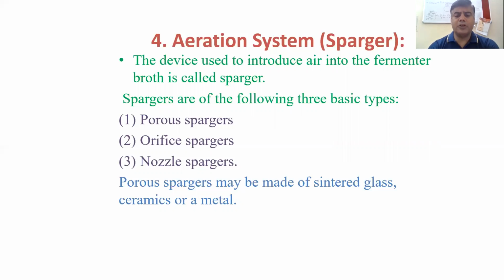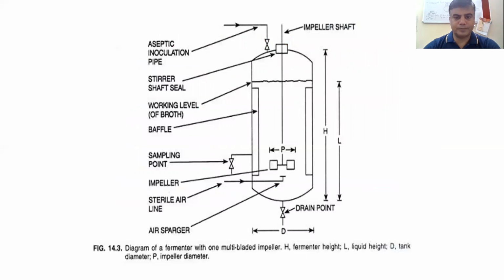Porous spargers may be made of sintered glass, ceramics, or metal. Spargers are located at the bottom of the fermentation tank. Glass wool filters are used with the sparger for sterilization of air and other gases. The air is released in the form of tiny air bubbles. These air bubbles help in the mixing of media. So the aeration system is important. We are giving sterile air in the form of bubbles which help in the mixing of media.